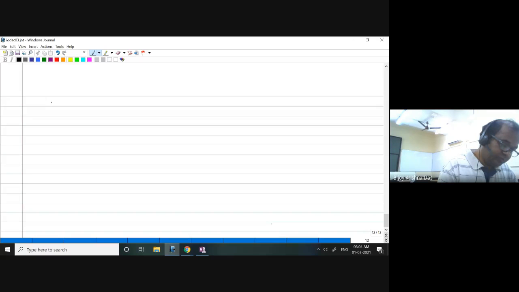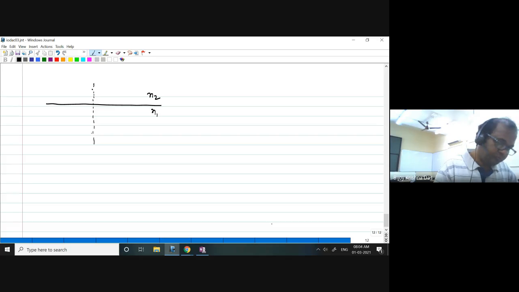Suppose the interface is defined like this: N1 and N2, and if some electromagnetic wave is incident at the interface here, a little bit.